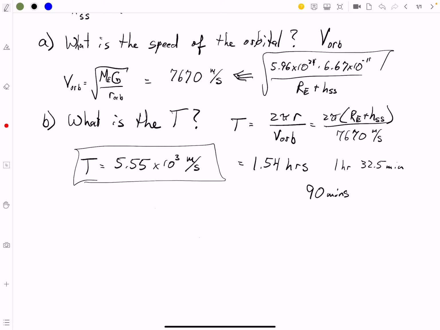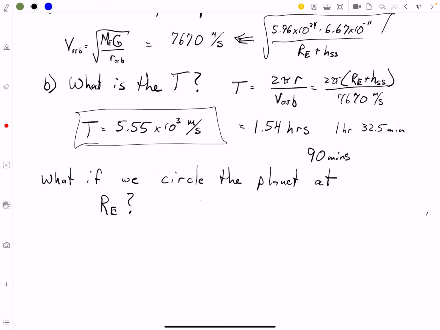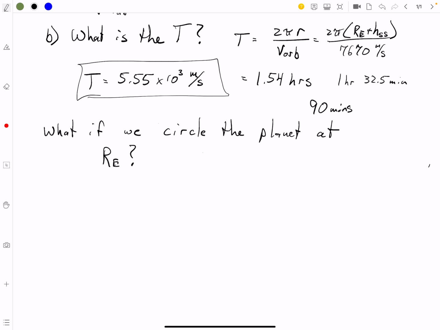Okay, so what if we circle the planet at the surface? Let's find out all these things for being right at the surface. So first of all, we want to know what V orb is.